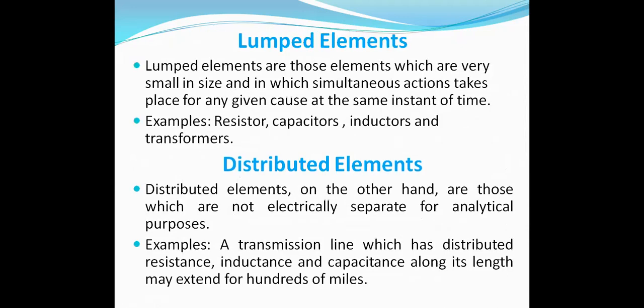And next, lumped and distributed elements. Lumped elements are those elements which are very small in size and in which simultaneous actions take place for any given cause at the same instant. Lumped elements can be easily removed from the system, and if any problem takes place they can be easily removed. Examples are resistors, capacitors, inductors, and transformers.